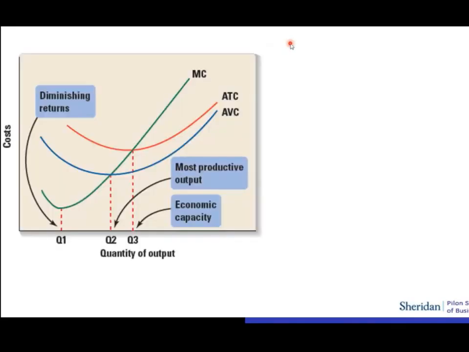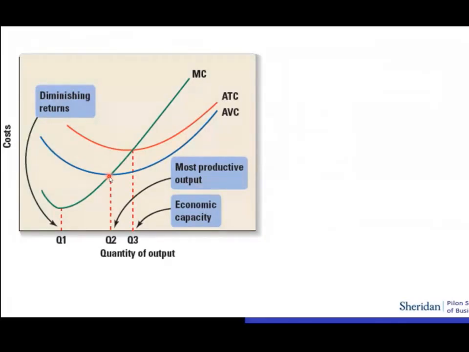So there are three key cost curves that we'll be using. The marginal cost curve, that's here. And then we have our average total cost and our average variable cost. Now, Q1, the minimum of the marginal cost curve, as I mentioned before, is the point where diminishing returns starts to kick in. Now, the minimum of the average variable cost is associated with the most productive output, or highest productivity.